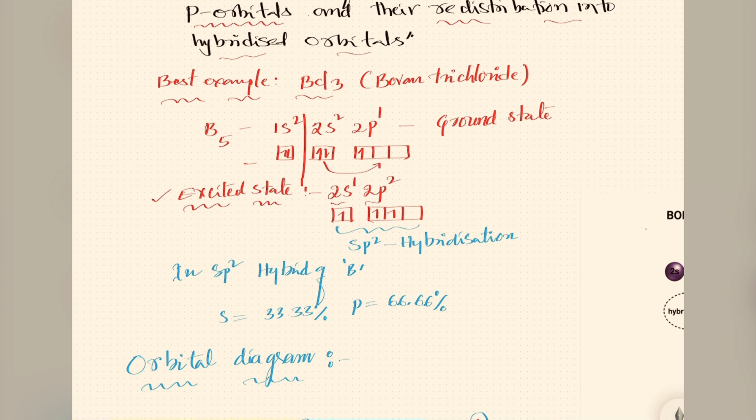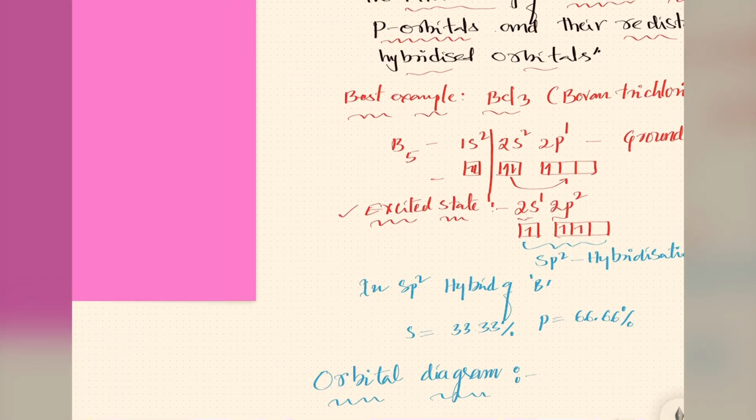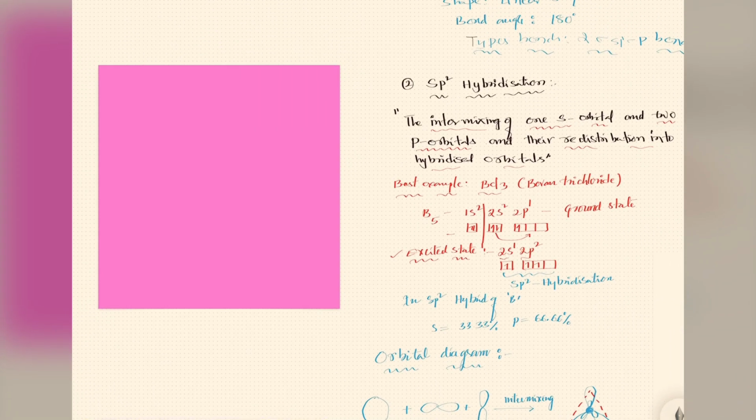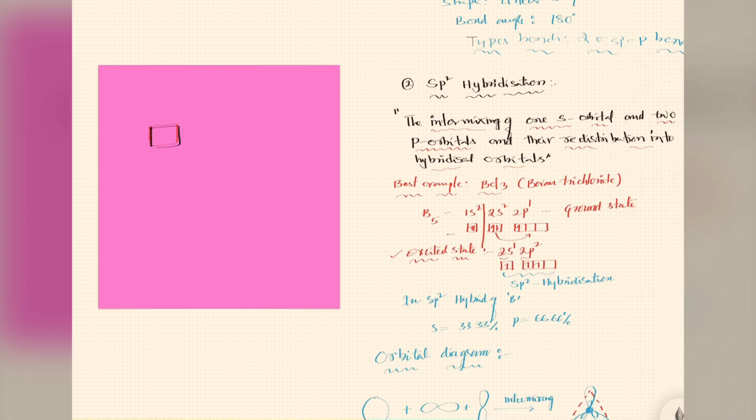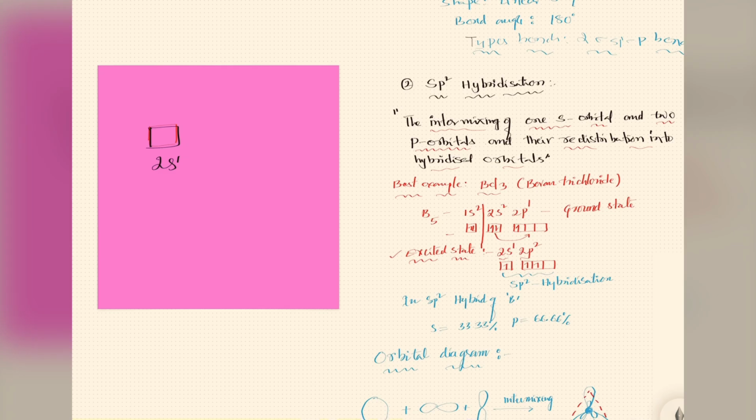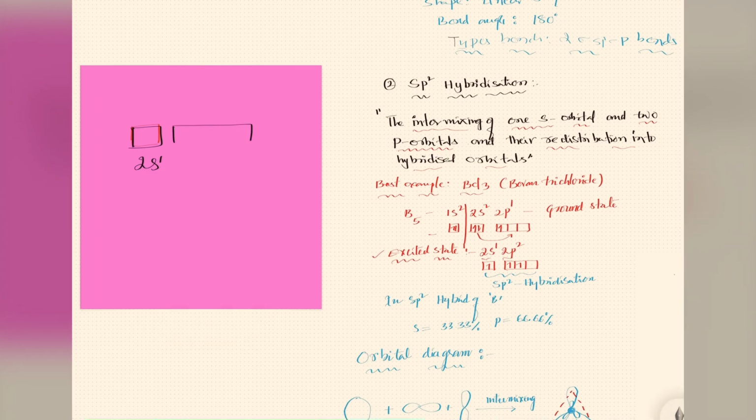All of you concentrate. In the s orbital we have one electron, that is the 2s orbital, whereas in 2p we have 2px, 2py and 2pz orbitals. Here 2s has 1 electron, 2px has 1 electron and 2py also has 1 electron.